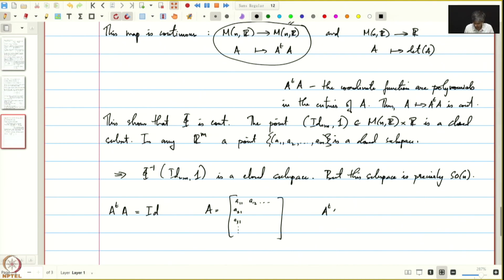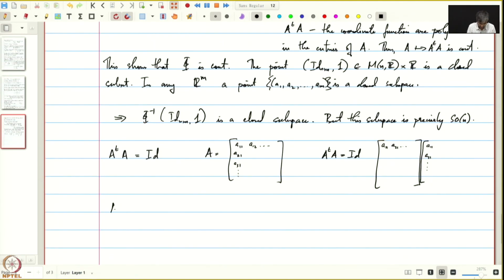So then A transpose A is equal to identity, so when we look at the ith diagonal entry of A transpose A, this is equal to the summation over j from 1 to n of A_ji squared.